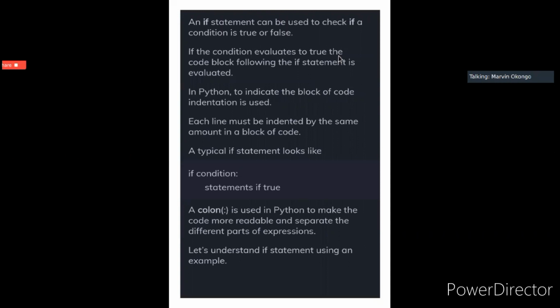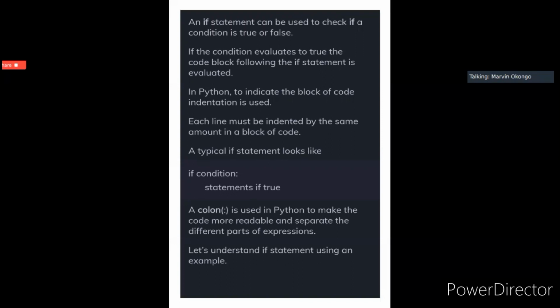So we are going to learn about decision making or conditions. So there's the if, else, and elif, or else if. An if statement can be used to check if a condition is true or false. If the condition evaluates to true, the code block following the if statement is evaluated.